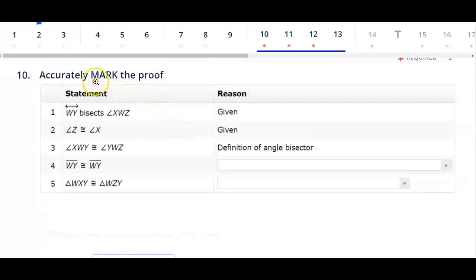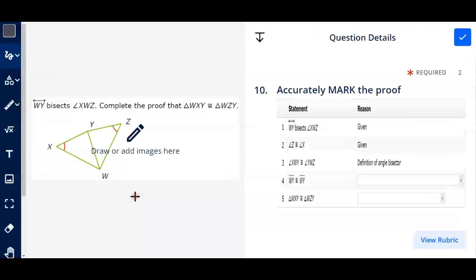It's also not specifying which parts of the proof we need to mark. So we need to go step by step through all parts of the proof and make sure we're marking every congruence, each angle pair congruence it gives us, and each segment pair congruence that it gives us. So this is what the quiz will be more like, where we're checking each part of the proof.